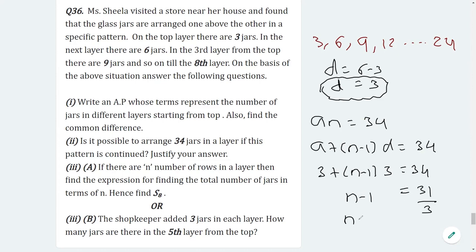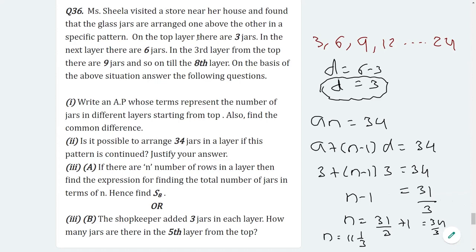So we are getting n as 31 over 3. 31 over 3 in mixed fraction is 10 and 1 over 3. So clearly n is not a whole number, right? The number of terms cannot be in fraction or decimal. So we did this. Now we have more parts.